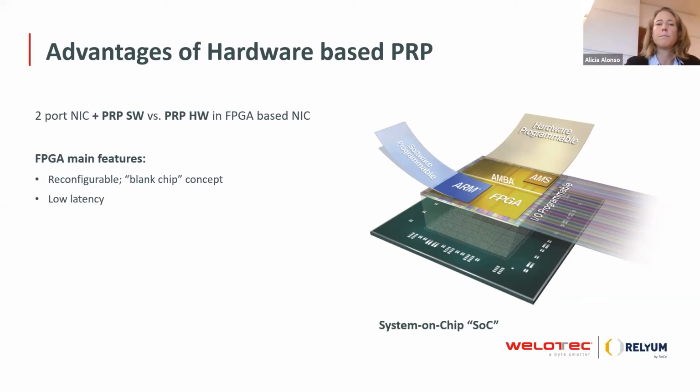At this moment, FPGA manufacturers have evolved to the concept of system on chip, SoC. So what is a system on chip? It's a chip that includes not only the FPGA, like you can see here in the picture, but also some CPUs, some memories, and other elements that can be complementary to the FPGA for implementing a full application on it.